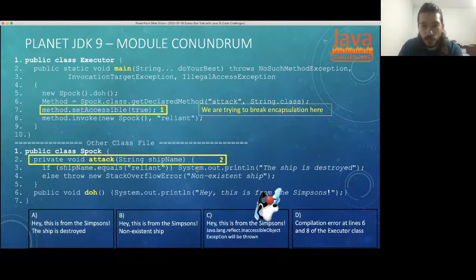Therefore, in the do method, it works fine because it's just a public method. But when we try to invoke our private method, we're going to get this InaccessibleObjectException. This will be thrown by the JVM, okay?